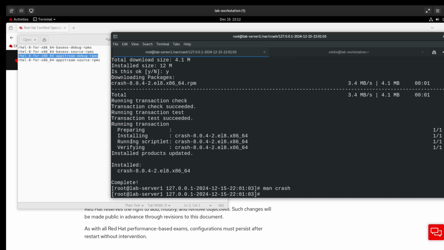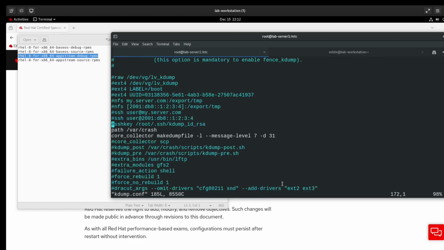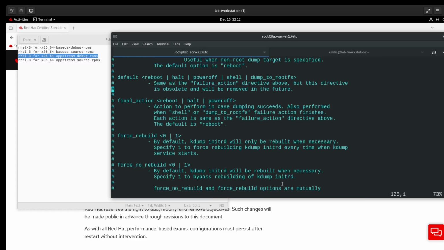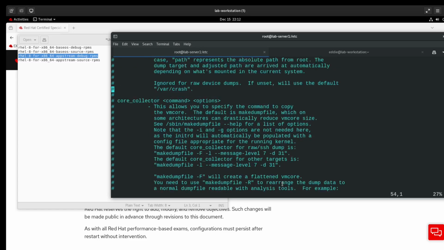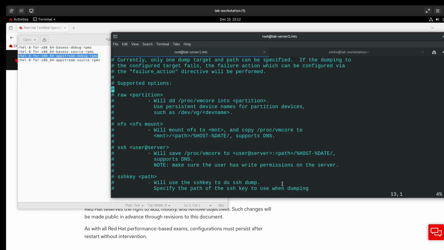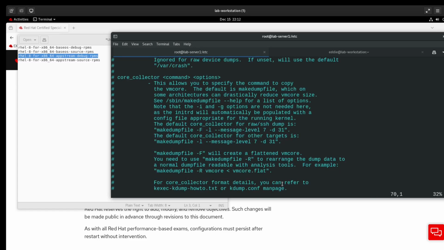The couple other things I did want to talk about, let's go back to the kdump.conf file. And that is this idea of message levels. You can get more information from the actual man pages, or I have to go back to core collector here.